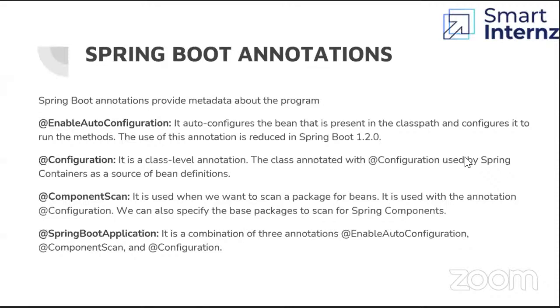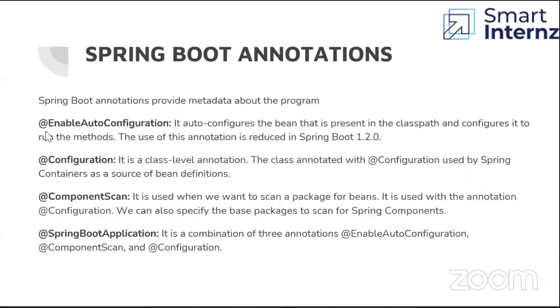So where do we actually use these annotations in Spring Boot? I hope you're familiar with how to write a class, right? If you write a class, you have to specify what that particular class does. What a particular class does is what you specify in an annotation. I have put some information regarding a few annotations here. First one is EnableAutoConfiguration. We have previously learned that auto configuration is a feature of Spring Boot, right?